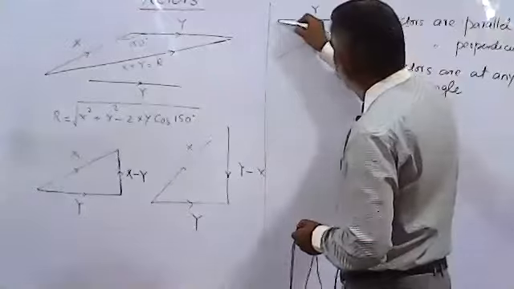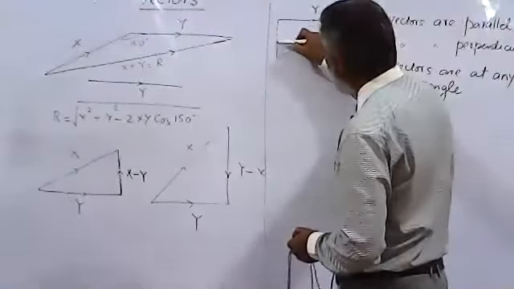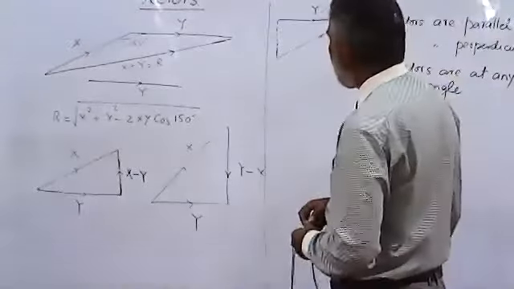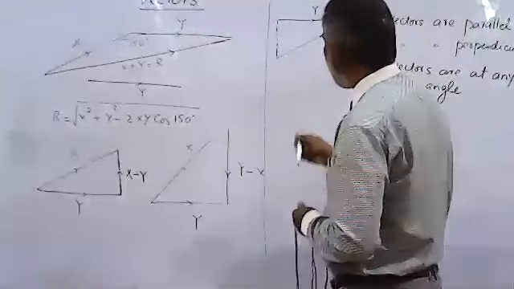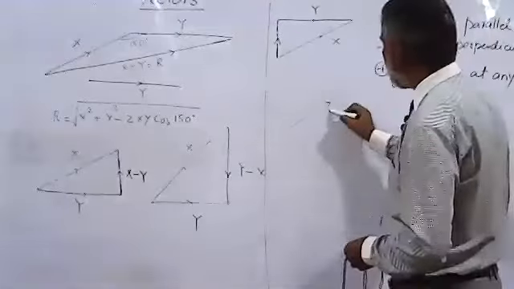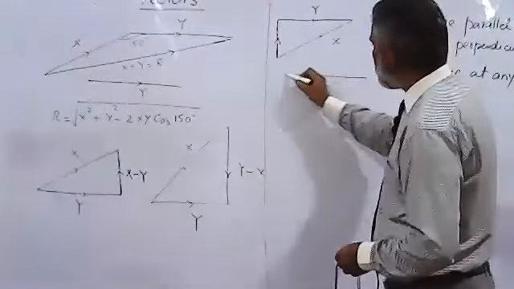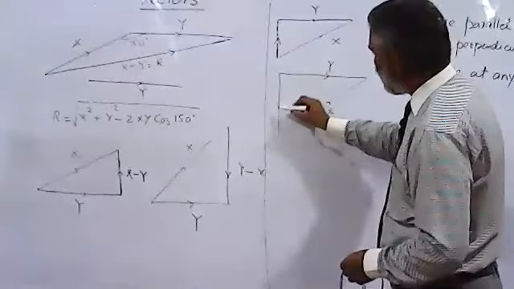Again, when I join the tails of these two vectors, this will be the difference of these two. This will represent either x minus y or y minus x. But if it is x minus y, its direction is this. And if it is y minus x, it should be directed downwards. Let me draw that vector as well. This is x and this is y. And this vector, which is directed downward, is y minus x.